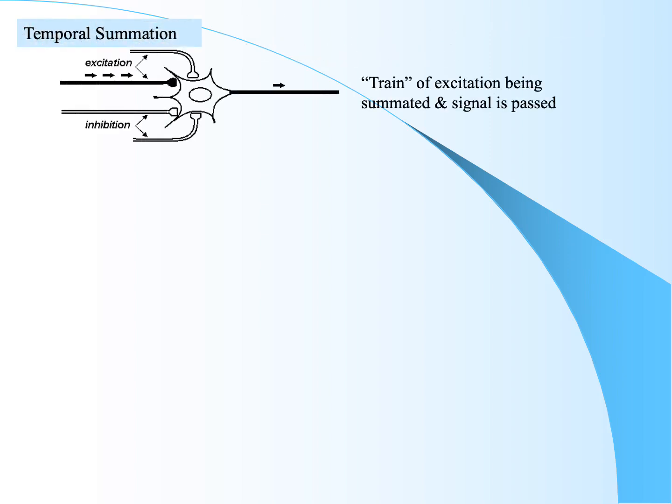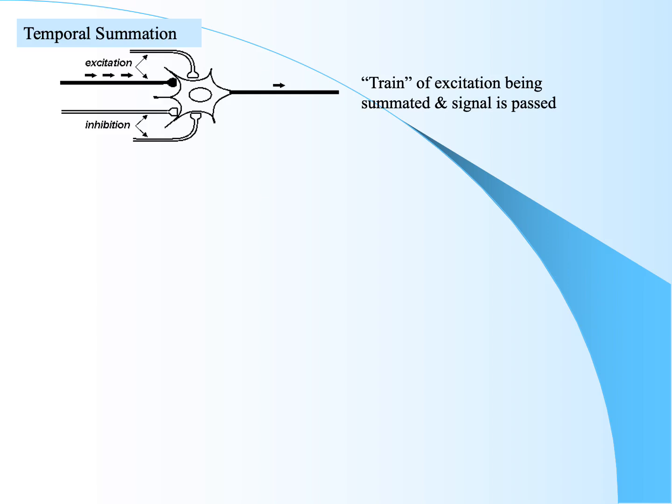In temporal, we have trains of excitation and trains of inhibition, in which if the train of excitation summating generates more excitation than inhibition over a set amount of time, we're able to get to threshold and propagate the signal.